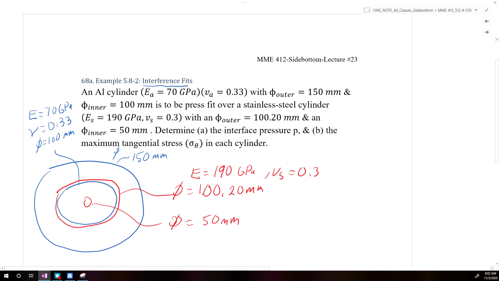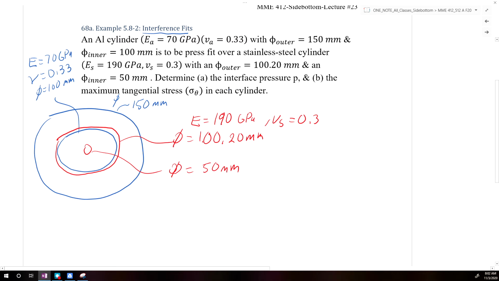All right, so for our equations, we need to first solve for the stresses and strains within our system. What we're going to do here is define our pressure.